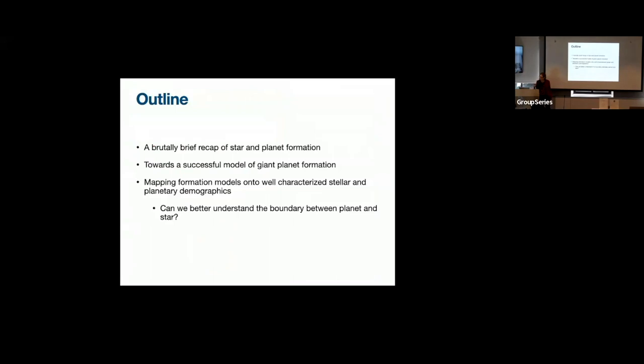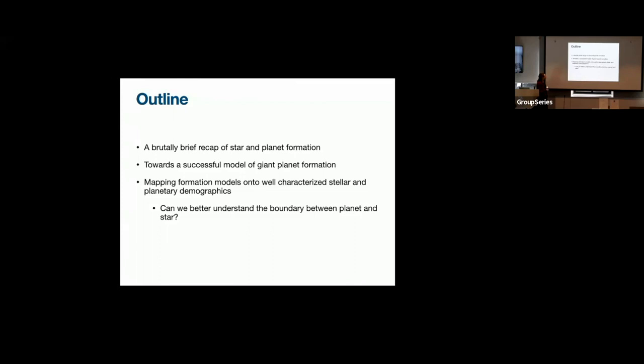So I want to start out now with a quick outline of what I want to present to put this in context. I want to give you a brief recap of star and planet formation. I want to show how I think we can move towards a successful model of giant planet formation based on the progress we've made, particularly on the computational side in the last few years.